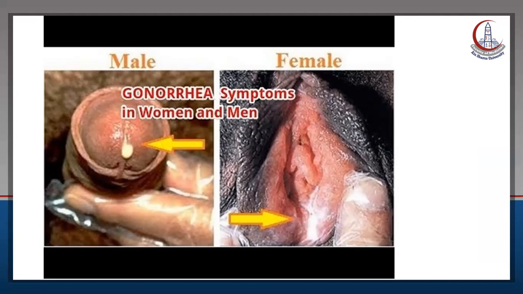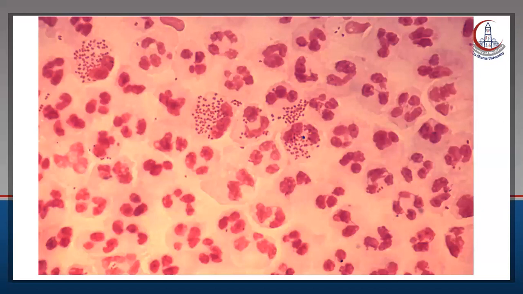However, we can use other confirmatory methods like a direct film or smear, where we take part of the discharge and stain it with Gram stain to see gram-negative intracellular kidney-shaped diplococci. These are gram-negative cocci present inside the pus cells, which is why we call them intracellular kidney-shaped diplococci.